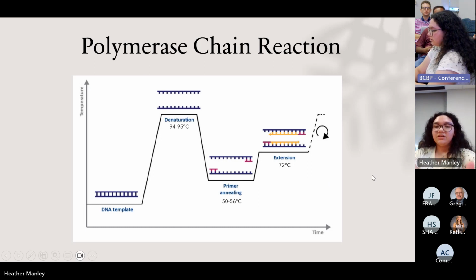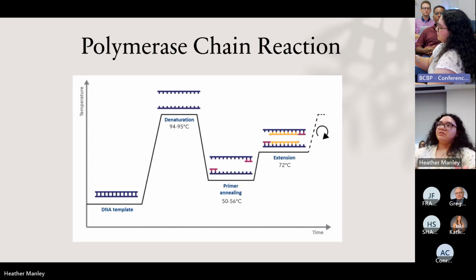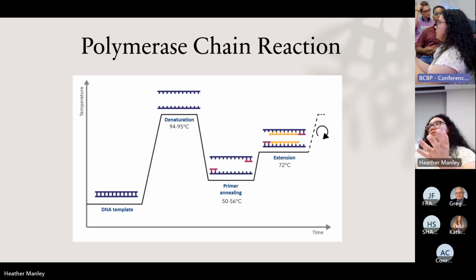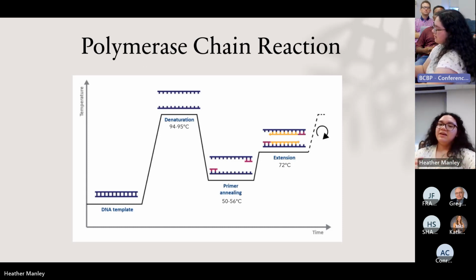And then in extension, it heats up a little bit so that the Taq polymerase can extend the primer by adding new complementary nucleotides, and it just goes on and on. And then the cycle repeats for like 30-ish, 35 cycles, which lasts like an hour and a half, maybe.